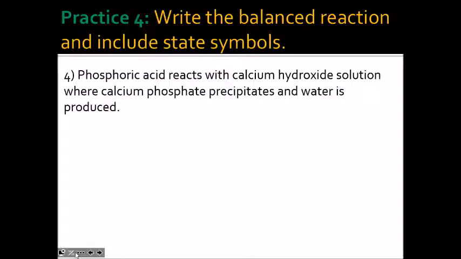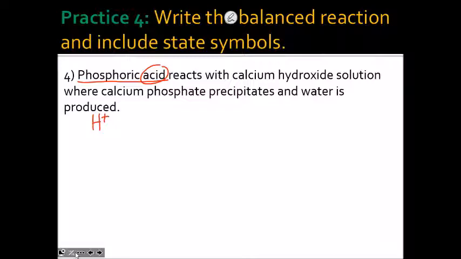Now for a more challenging one. Now we got some acid in there. Calcium hydroxide, that's base. All right, let's look here. Phosphoric acid, this is the first reactant. It says acid, so I know I'm dealing with an H plus to start with.